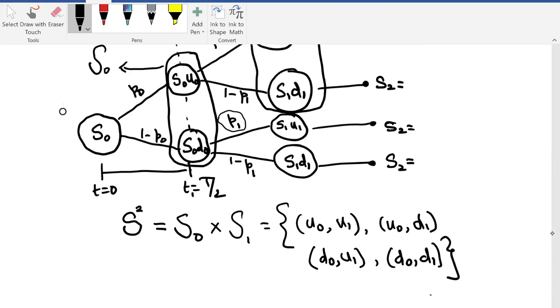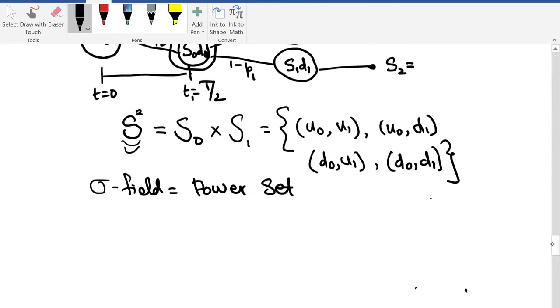So these are the possible outcomes of your experiment. Therefore, your sample set is this. The sigma field is always taken to be the power set because it's a discrete probability. In fact, it's a finite sample set.